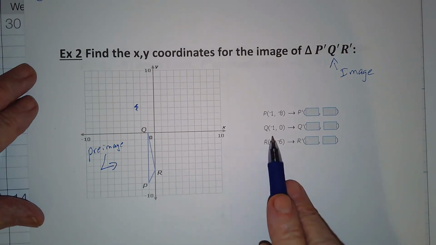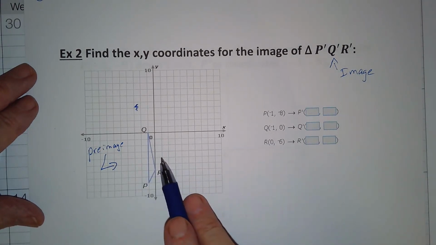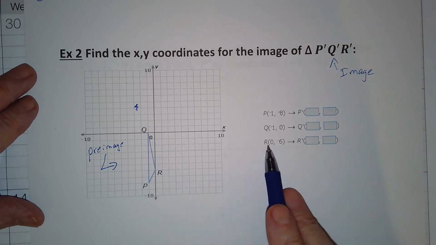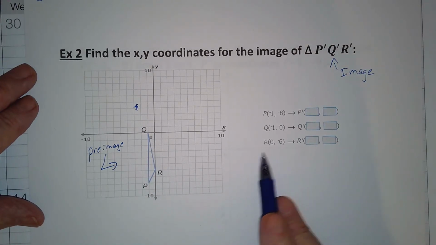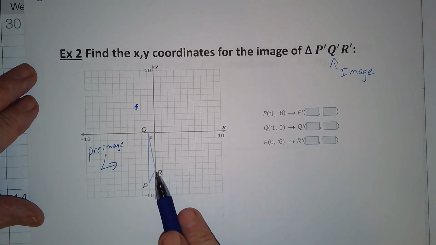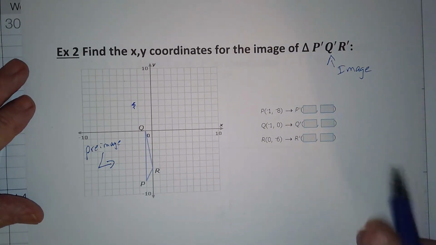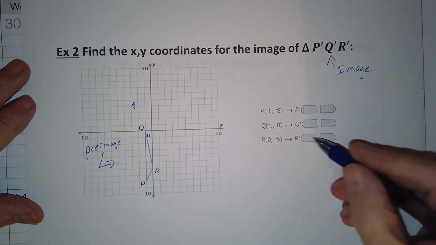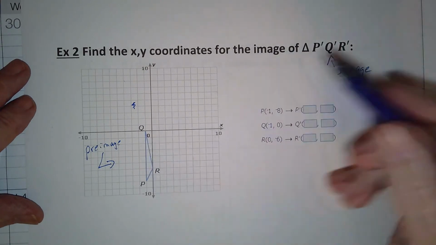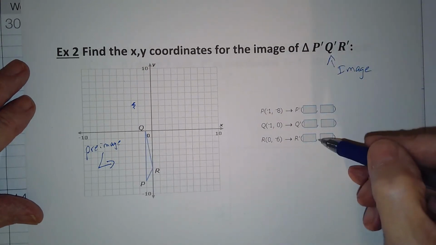Q is x is -1, y is 0, right there on the x-axis. And R is x is 0, and y is -6, right there on the y-axis. So there you see them. So you want to now put the coordinates for the image over here, all right?